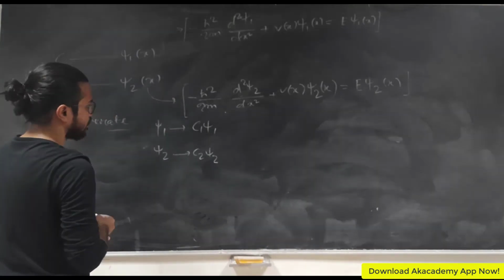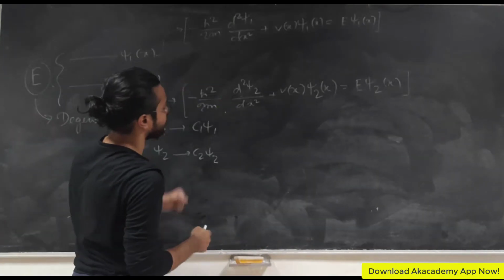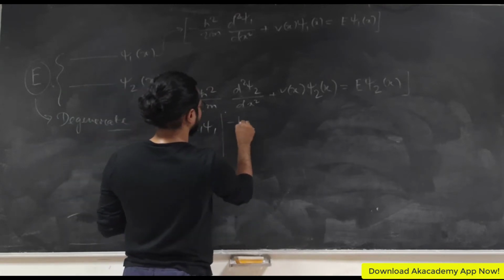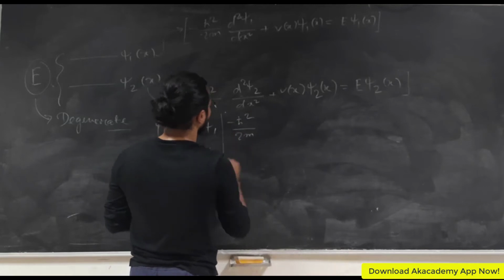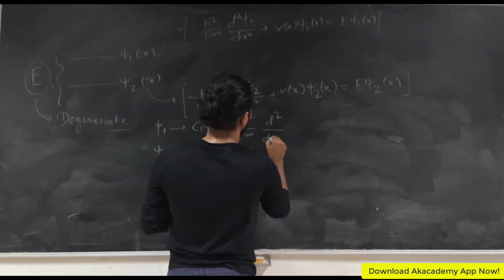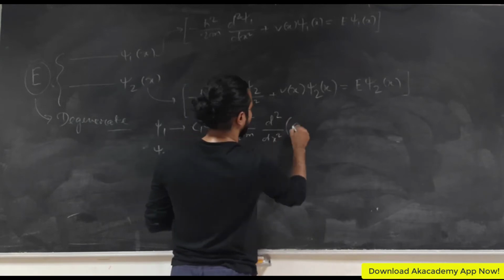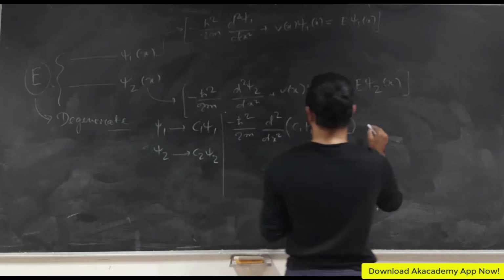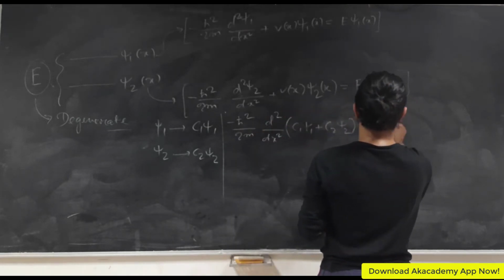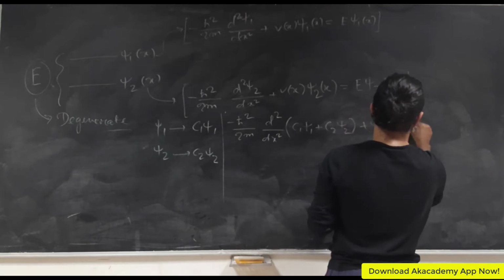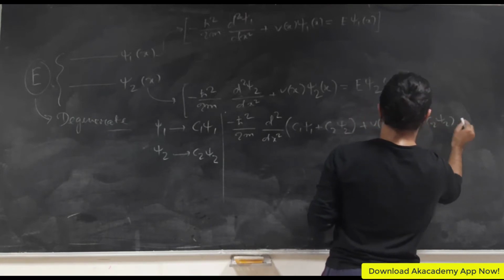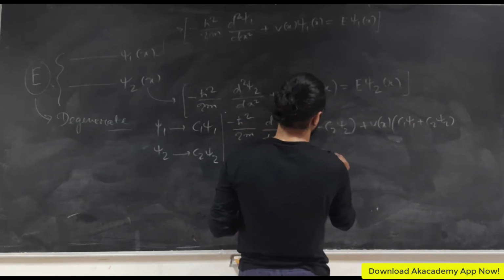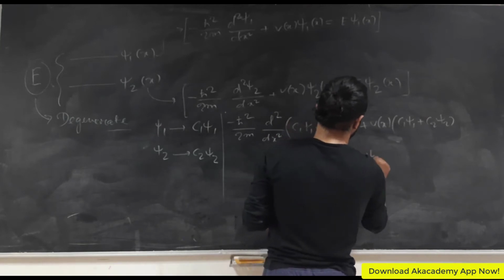Now if we replace this in the equation and add them, what we'll get is minus h bar squared over 2m d2 dx2 of c1 psi1 plus c2 psi2, plus V of x times c1 psi1 plus c2 psi2, equal to E times c1 psi1 plus c2 psi2.